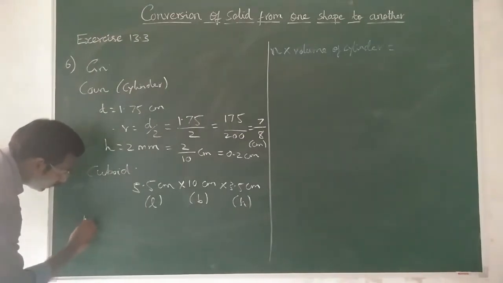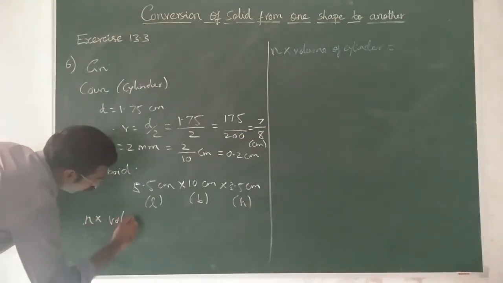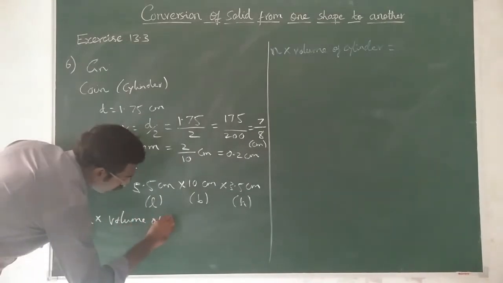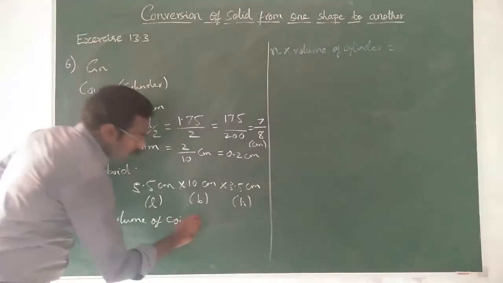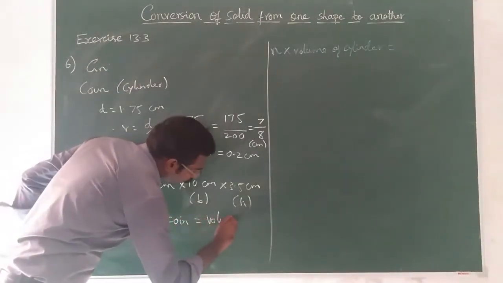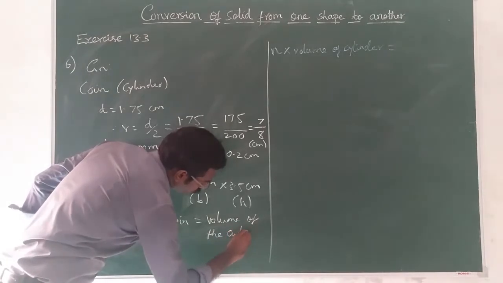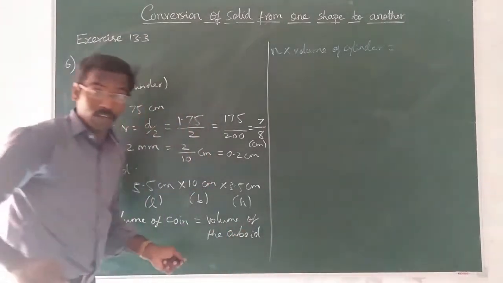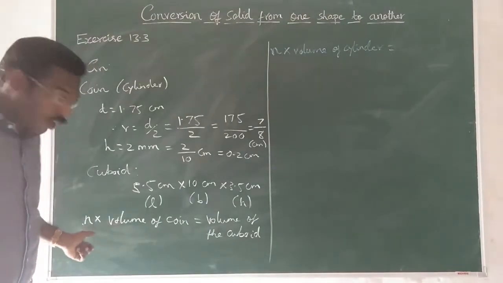So n into volume of coin, a single coin, or n number of coins will give the volume of the cuboid. Because we are melting n number of coins, we don't know the number, so we are taking it as n. Understood how this n comes?